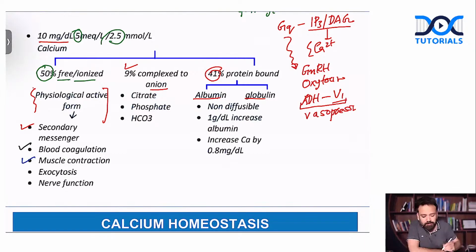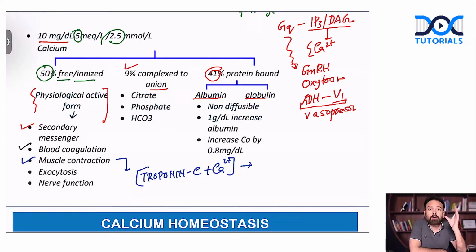Number three is muscle contraction. If you remember, troponin C is the protein which binds with the calcium, and it will cause a conformational change to uncover the myosin binding site on the actin filament and cause contraction of the muscle.